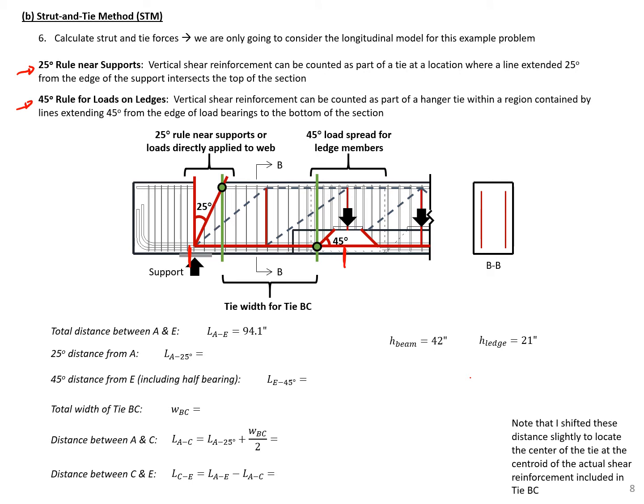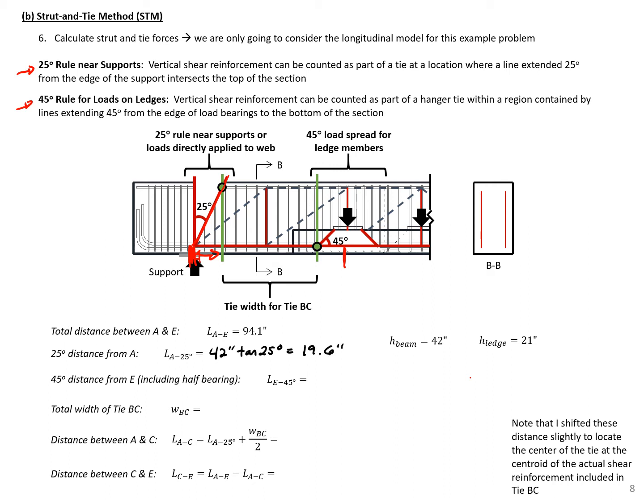The distance between A and our edge of the 25-degree rule is going to be 42 inches, our overall height, times the tangent of 25 degrees, which is 19.6 inches.